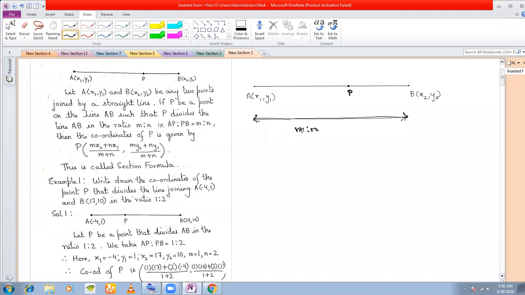Now what does this ratio m is to n mean? It means m parts of the length will lie here and n parts will lie here.